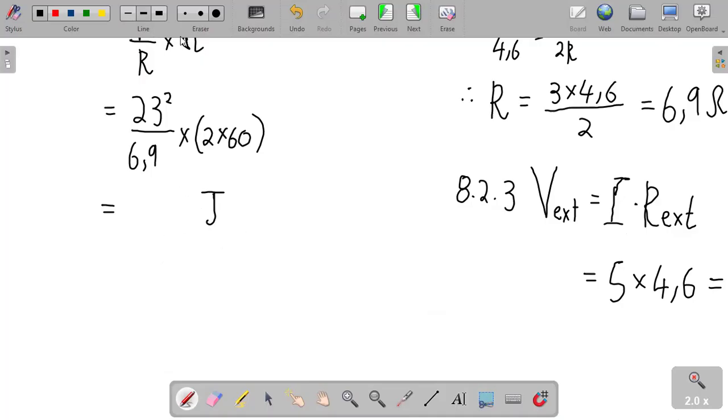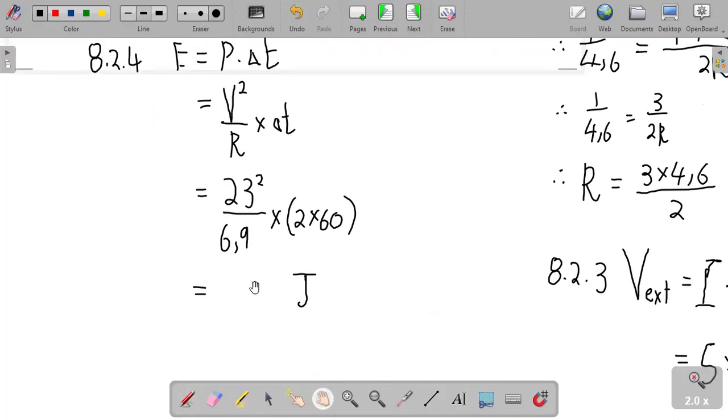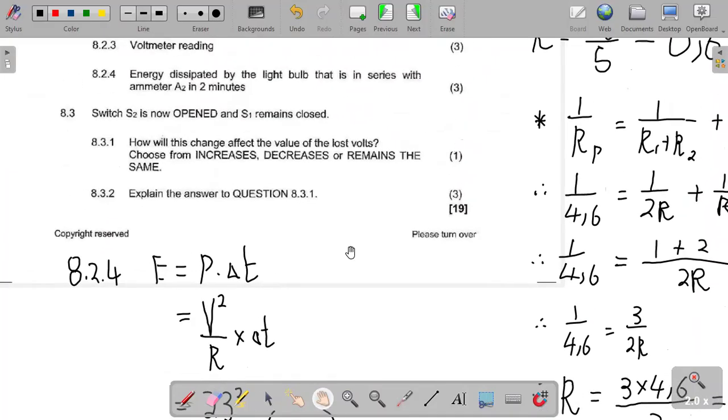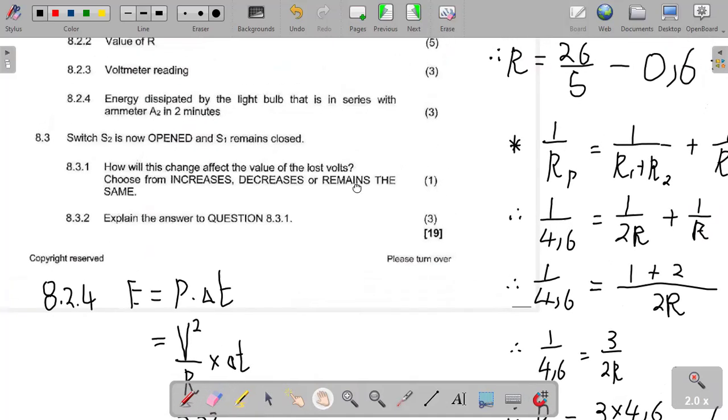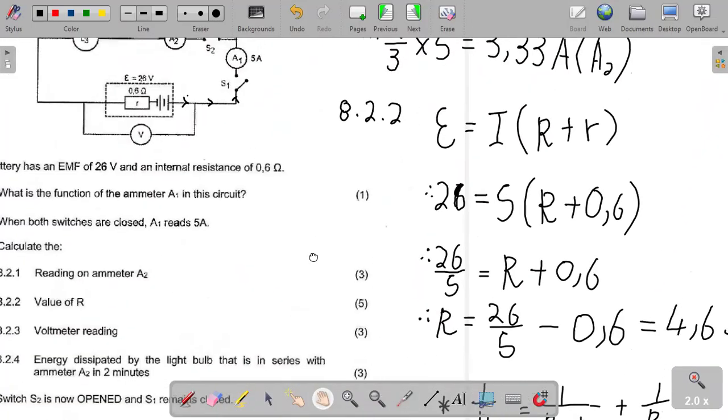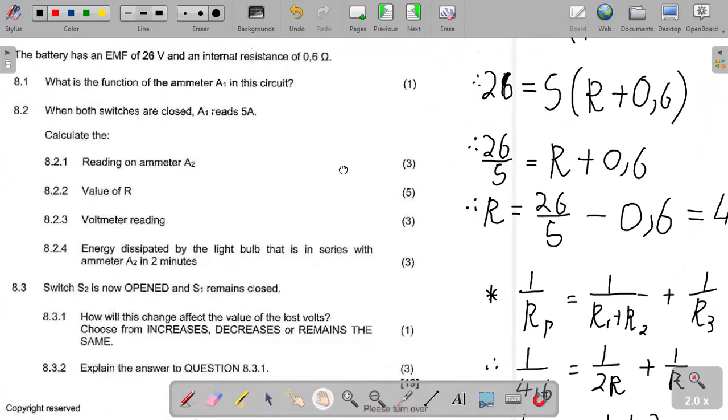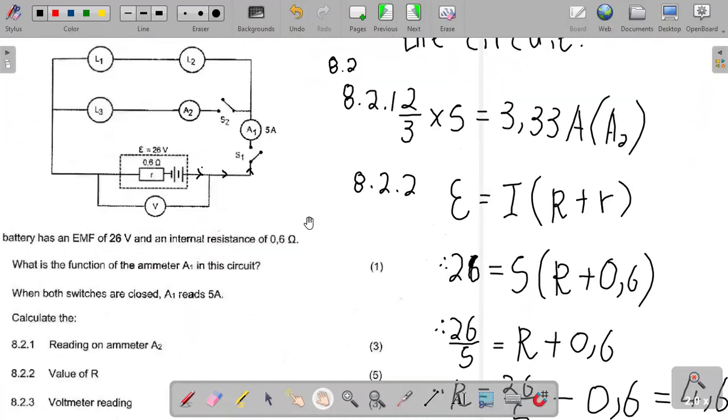Okay, now let us go to the next part. They say switch S2 is now opened and S1 remains closed. So S2 is opened here and S1 remains closed. So what would happen to the total resistance of the circuit?